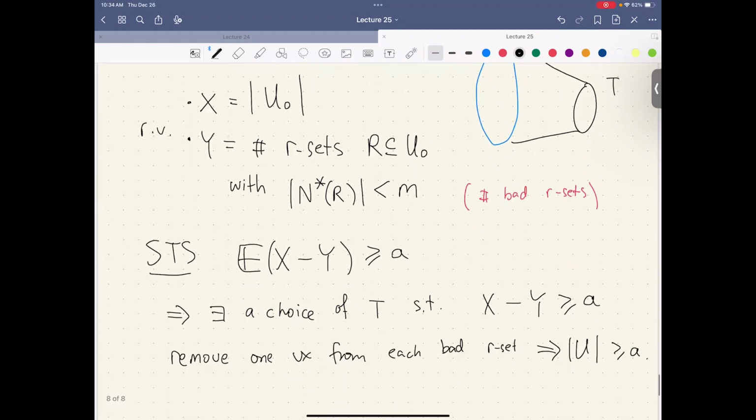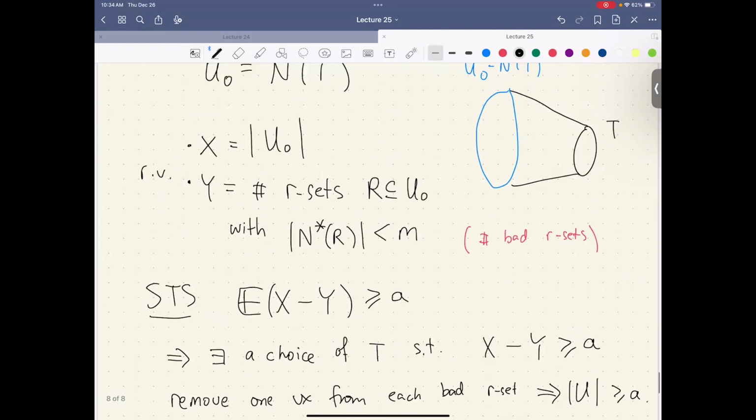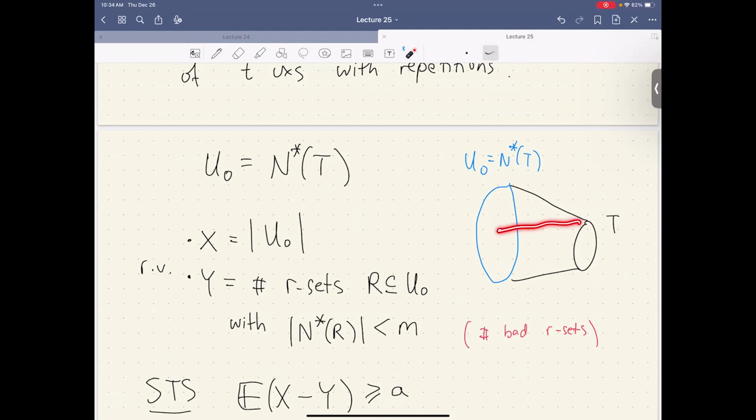Okay. So let's estimate the expectation of each one of them. Expectation of X, this is simple. We sum over all vertices V in G. A vertex V lies in U0 if and only if V is adjacent to all vertices in T, right?